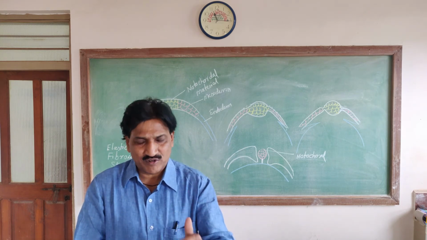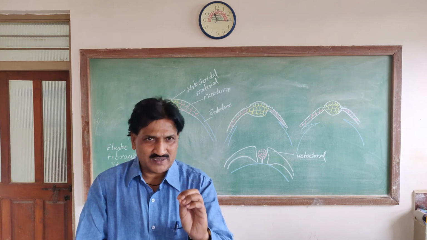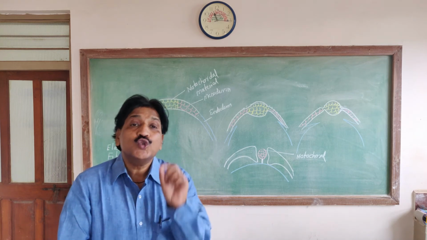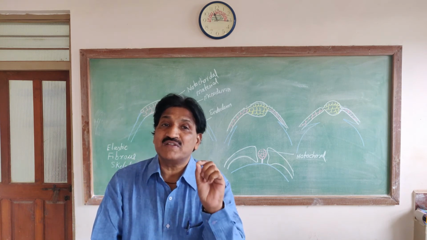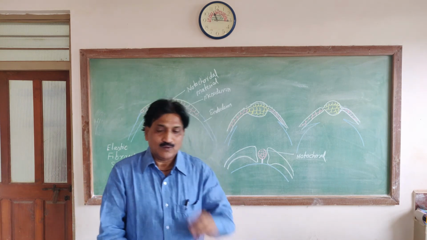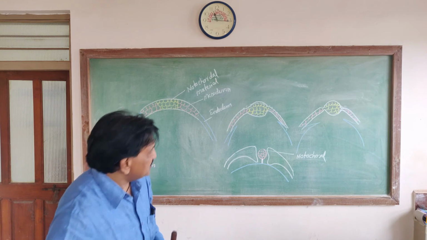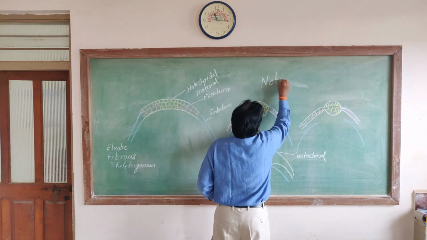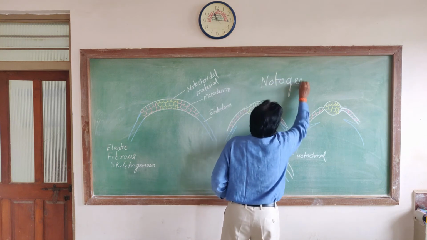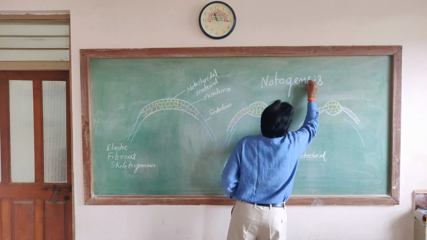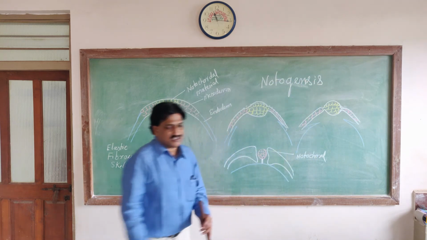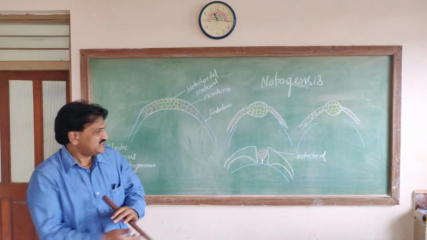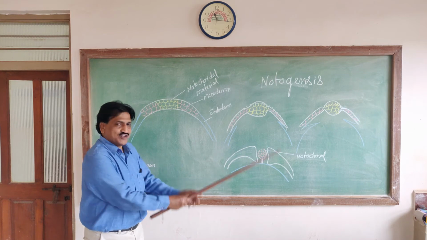Under frog embryology, the last step is notogenesis. Notogenesis means the formation of the notochord.